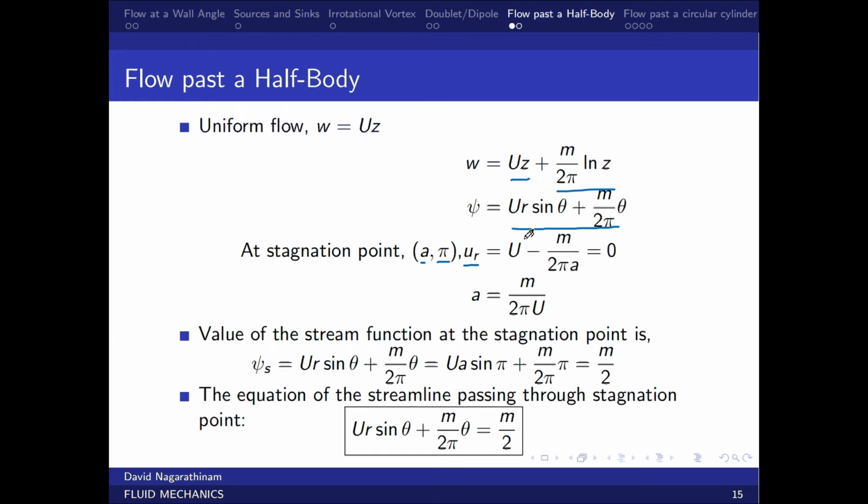At the point a comma pi, we have ur being equal to 0, and hence we deduce the value of a to be of the form as shown here within the box. The value of the stream function which is passing through the stagnation point is represented by this particular equation. The equation of the streamline which passes through the stagnation point then becomes of the form as shown here. Here theta is the azimuthal position.